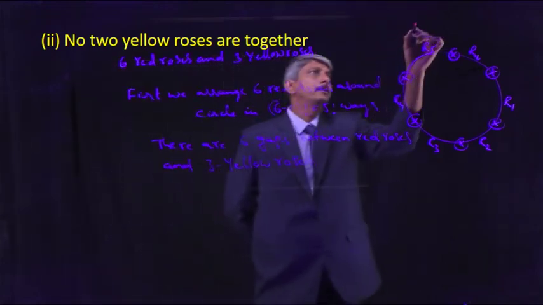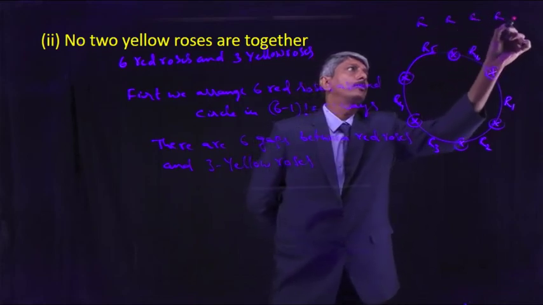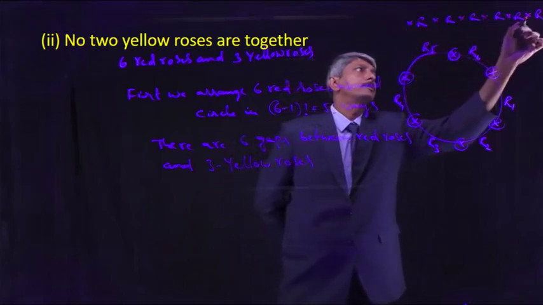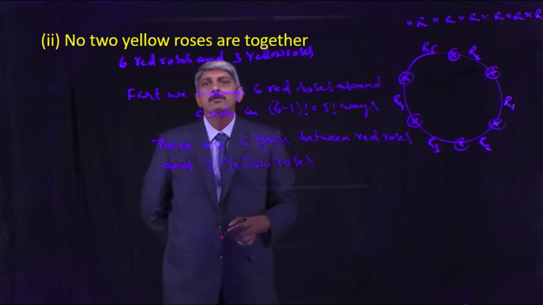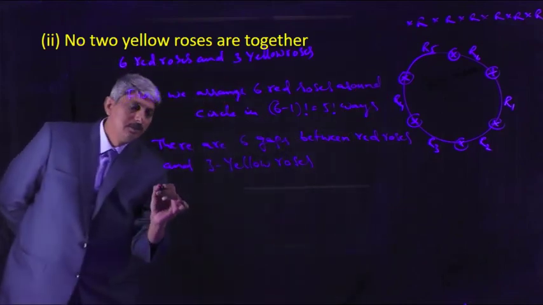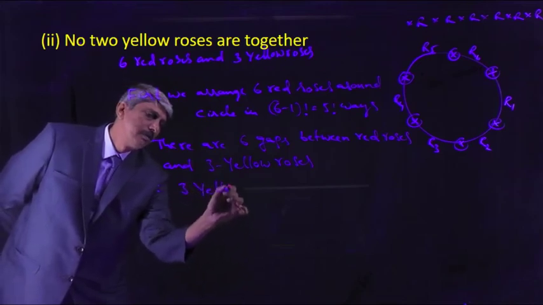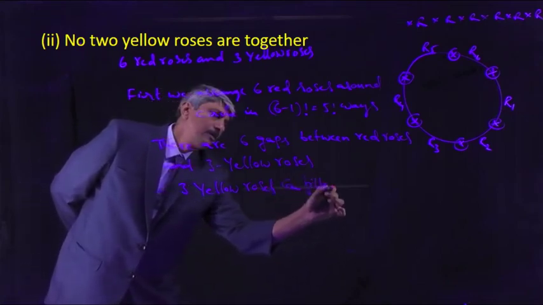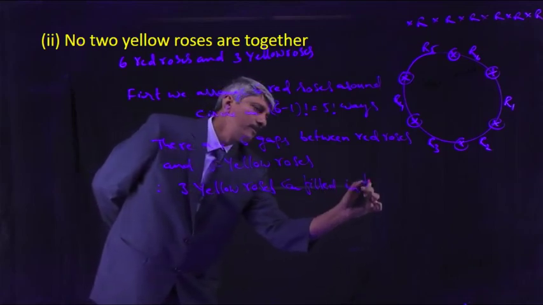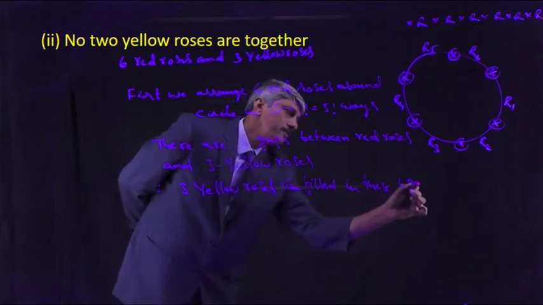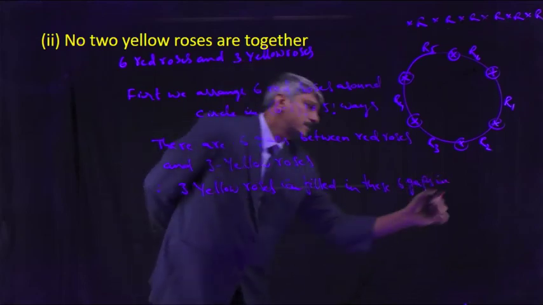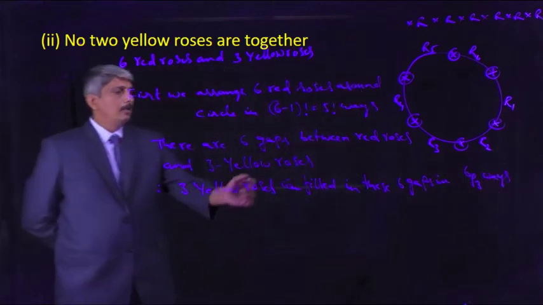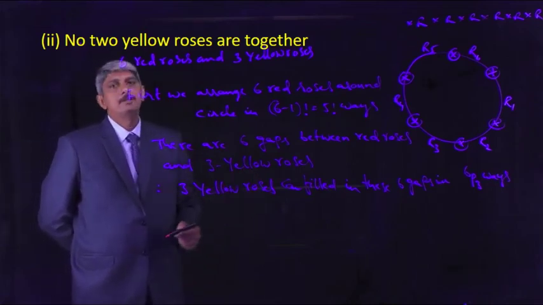So the 3 yellow roses can be filled in these 6 gaps in 6P3 ways.